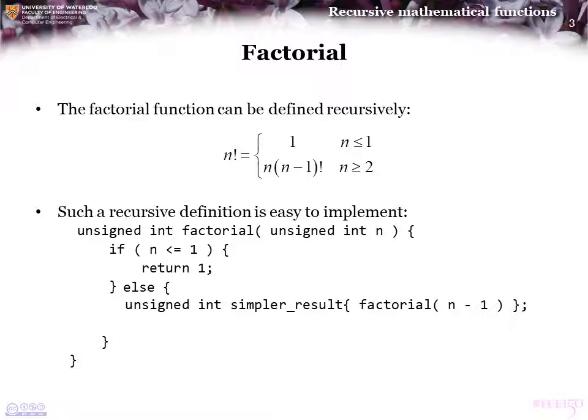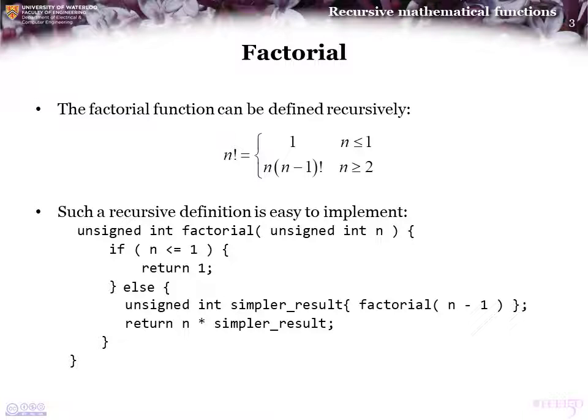To calculate n factorial, we have to calculate factorial of n minus 1. That is our simpler result. Having calculated that, we will then return n times that simpler result. Alright, that's it. This is a recursive implementation of the factorial function.